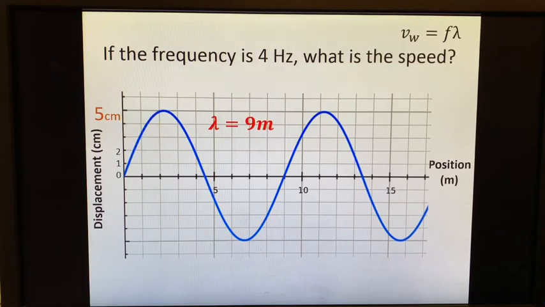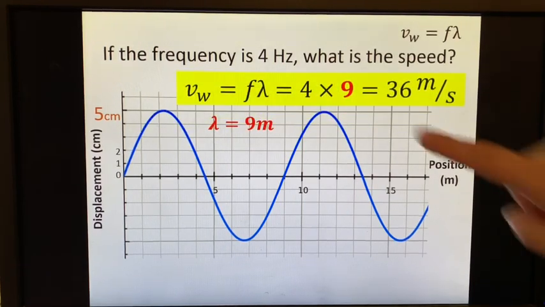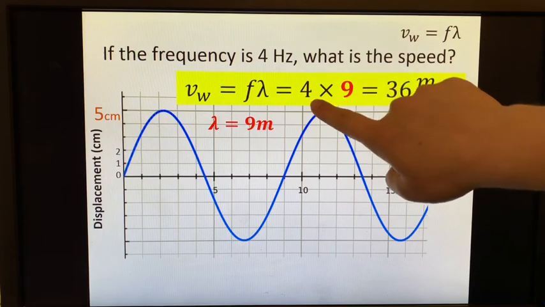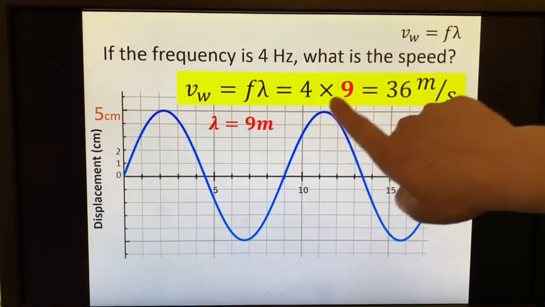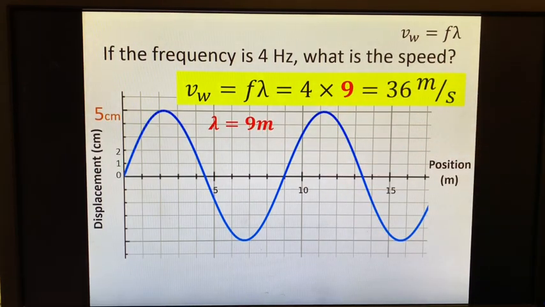If the frequency is 4 hertz, what is the speed? Notice the formula up in the corner. Frequency of 4 hertz, wavelength of 9, multiplied, 36 meters per second is the speed of the wave.